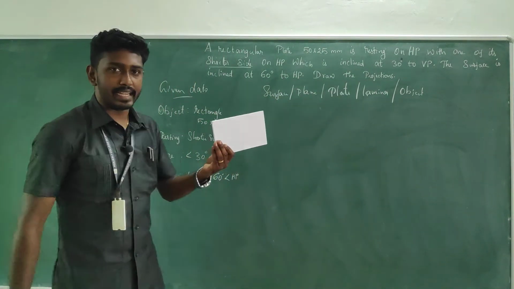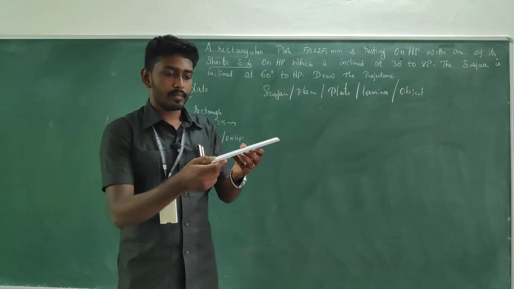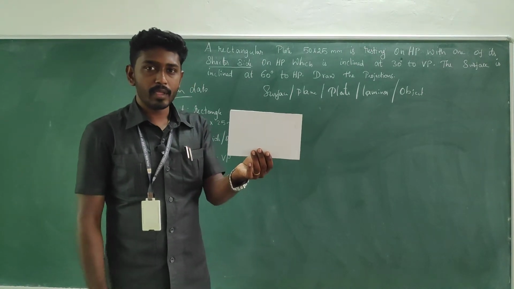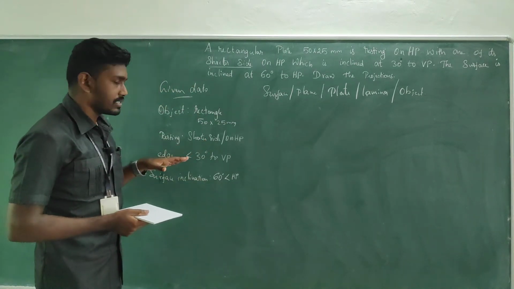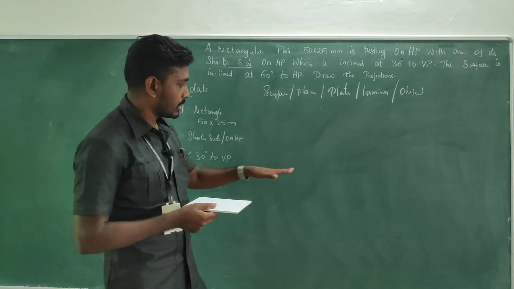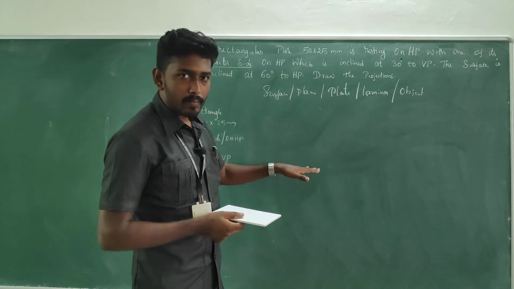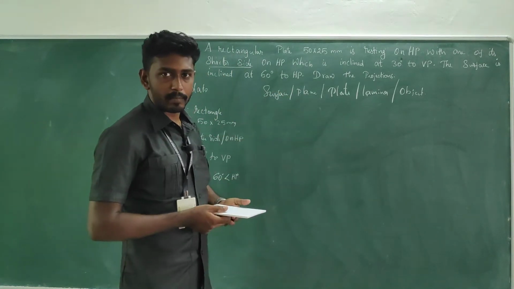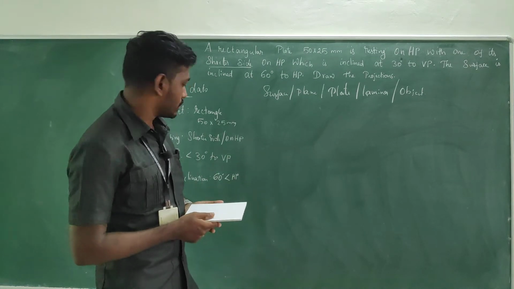Okay, the object is a rectangle. So this is a rectangular plate I have taken for your observation. And as far as the question is concerned, what is the exact position of the object? Consider this ground as a horizontal plane and this blackboard as a vertical plane. So how do I have to place the object?